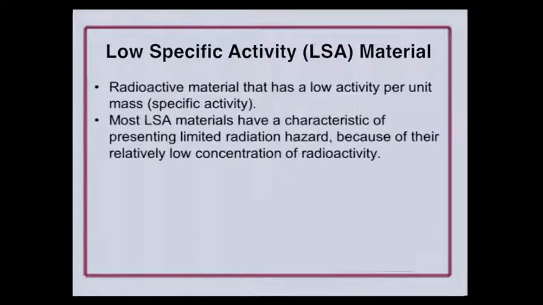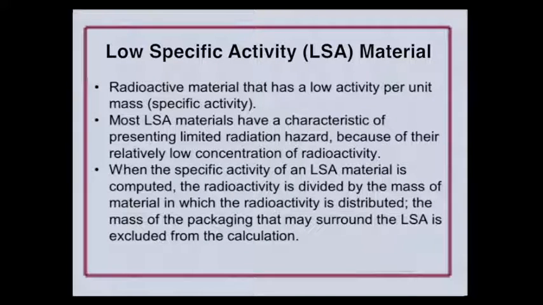Most LSA limits radiation hazard because of low concentration. That would be a characteristic of an LSA. And basically it's just telling you the specific activity divided by the mass of the material in which the radioactivity is distributed.